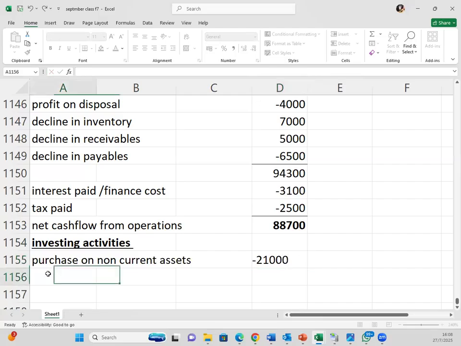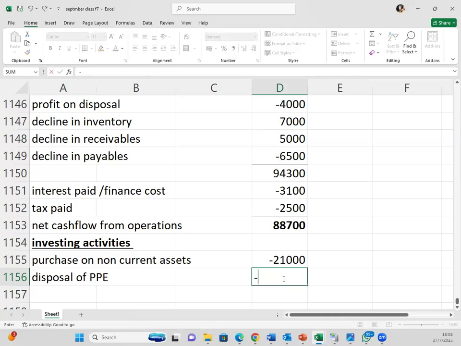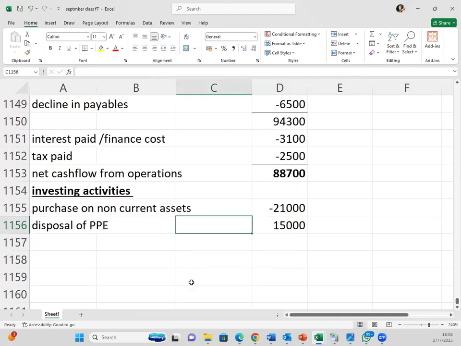Then we have disposal of PPE. If we dispose of PPE, it's money coming in. Then we can have our dividends received.